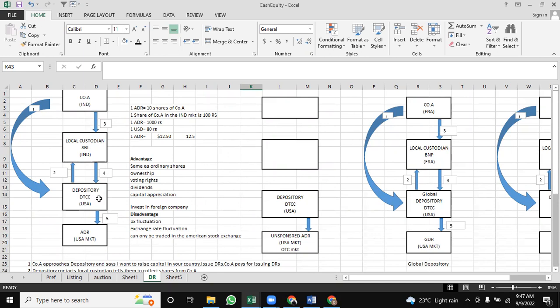Once the shares are collected, they inform the depository. Then the depository issues the depository receipts in the market. In this case, because it's the US market, it's an ADR. So when they sell this in the primary market, the money collected is given to the issuer, correct? Yes, ma'am. Is this clear now?